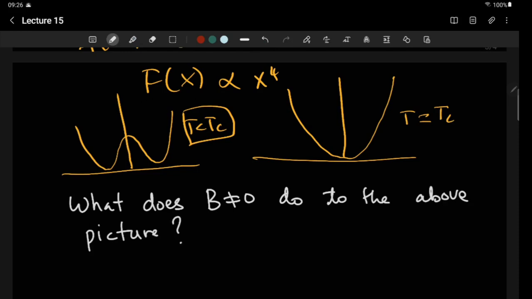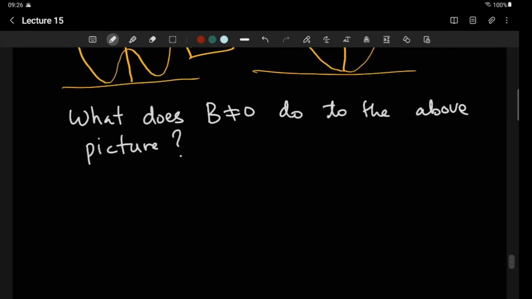Again it's useful to work in the regime near t equal to tc, work to cubic order, and see what kind of terms we get in that equation. Okay, so we know the formula.